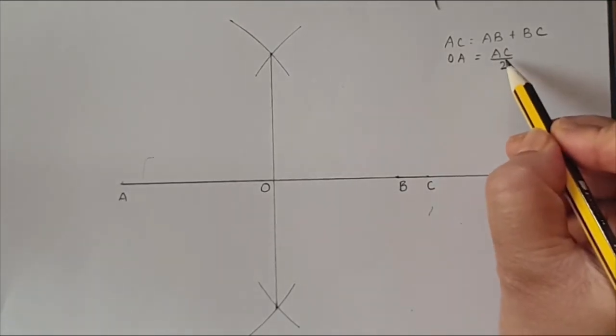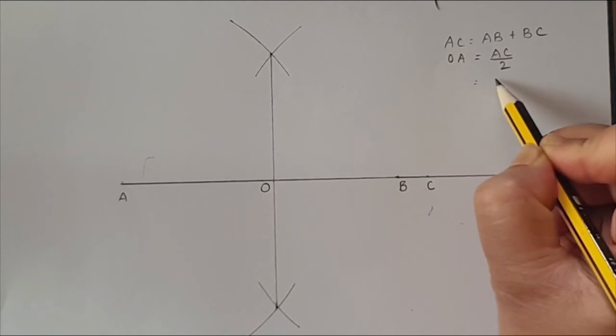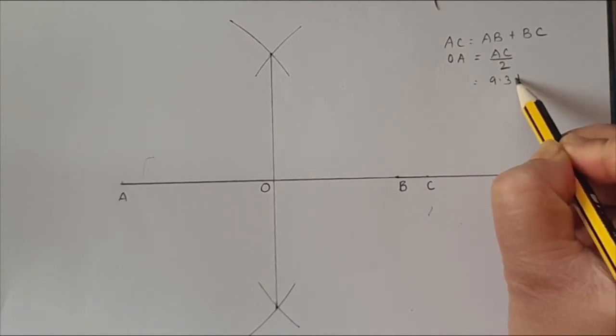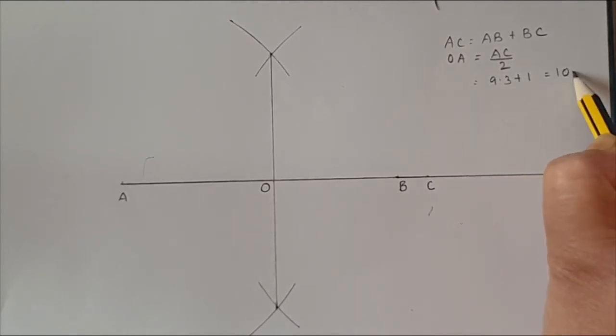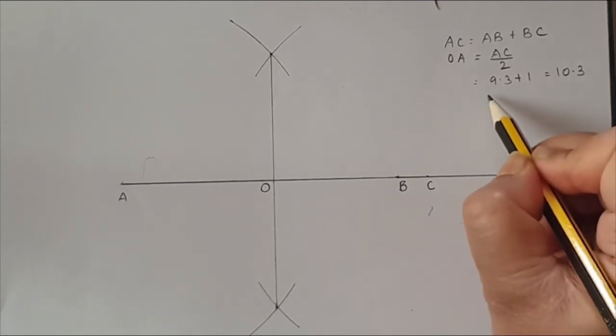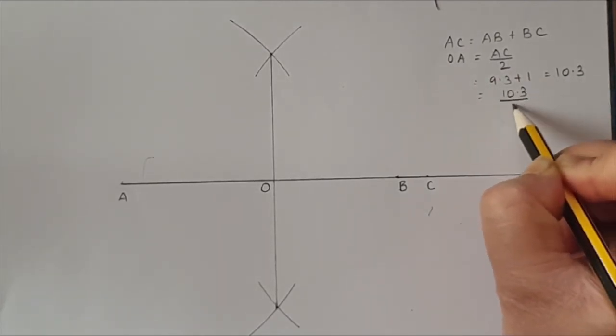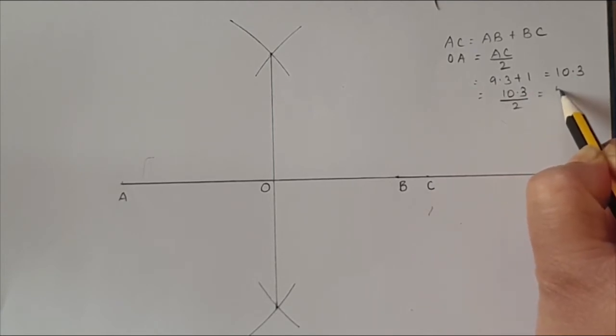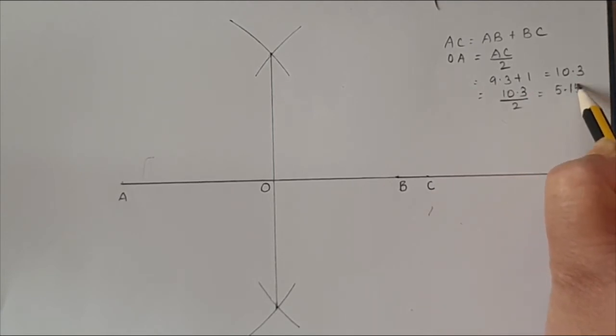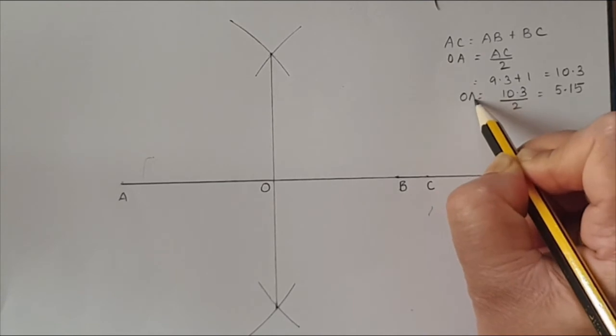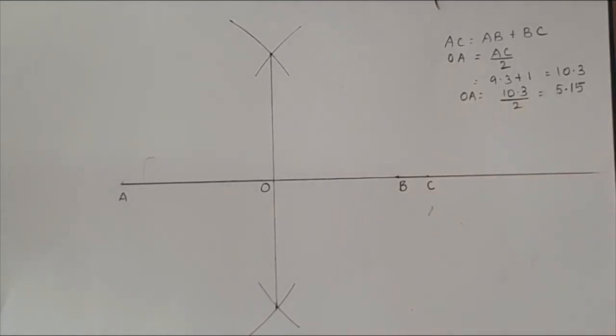So what is AC? AC is 9.3 plus 1, which is equal to 10.3. So OA is equal to 10.3 by 2, which is 5.15 units. This is OA. OA is equal to OB is equal to 5.15.